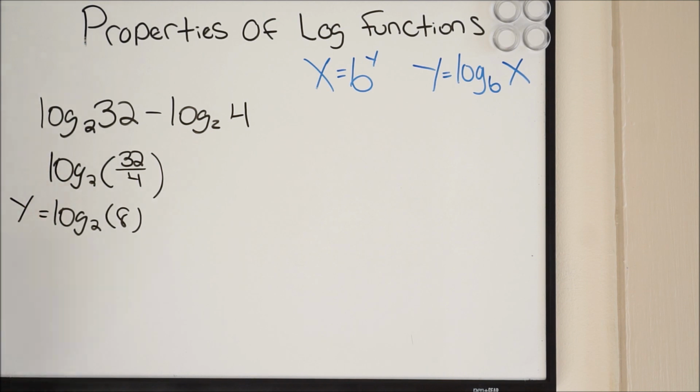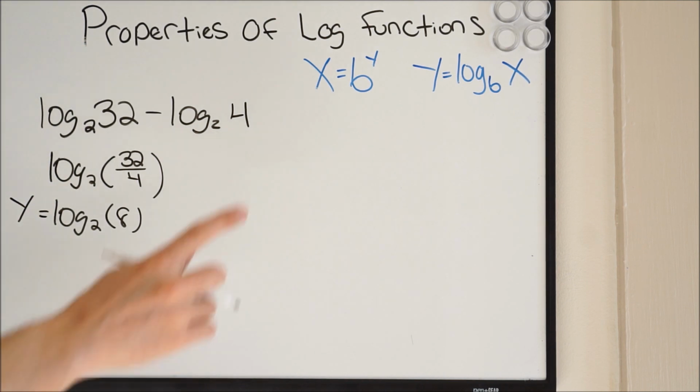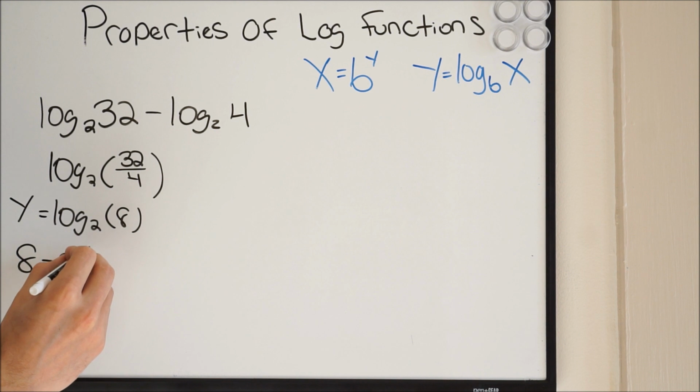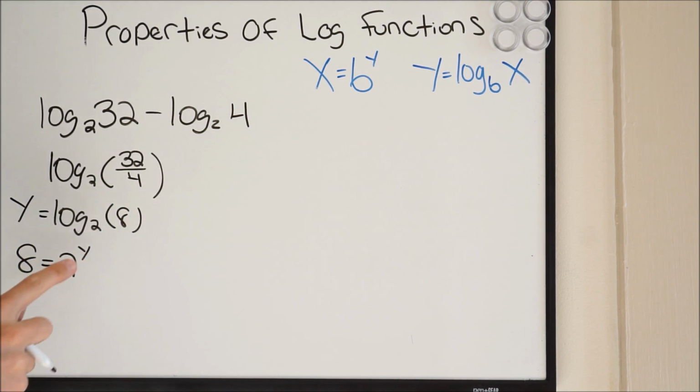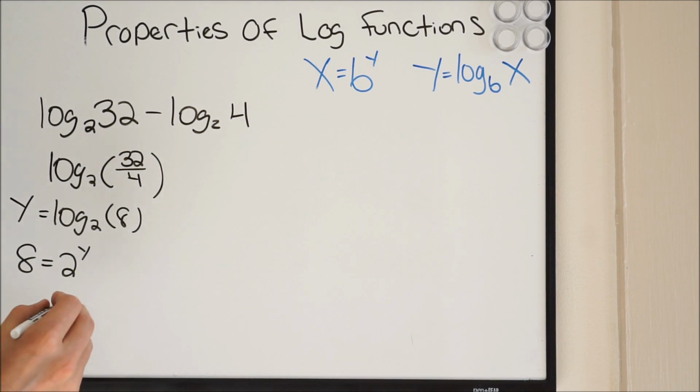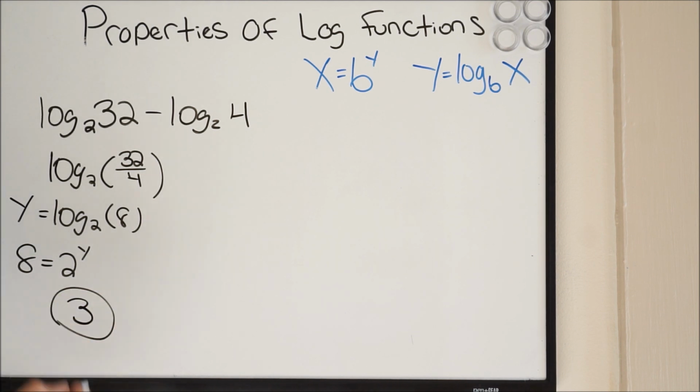So y equals log base 2 of 8. Putting it into its exponential form, I can evaluate this. So doing that, I'll have 8 equals 2 to the y power. So what do I need to plug in to y here in order to get this whole thing to equal 8? Well, that's going to be 3. 2 to the third power is 8. So your answer here will be 3.